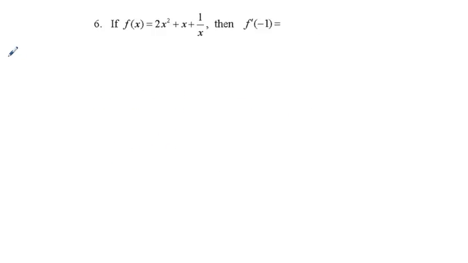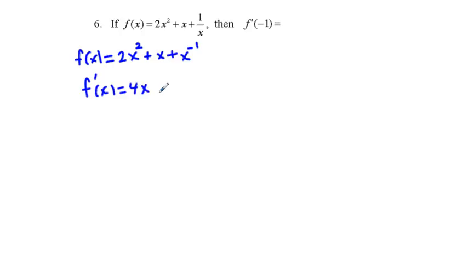Next, problem 6. If f of x equals 2x squared plus x plus 1 over x, then f prime of -1 equals. Well, I'm going to do what we call a calculus-friendly rewrite. I'm going to rewrite this f of x as f of x equals 2x squared plus x plus, and 1 over x is x to the -1 power. And f prime of x is going to be equal to 4x plus 1, and then we're going to take the derivative of this x to the negative 1 power.